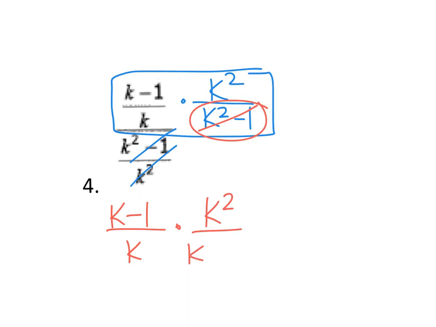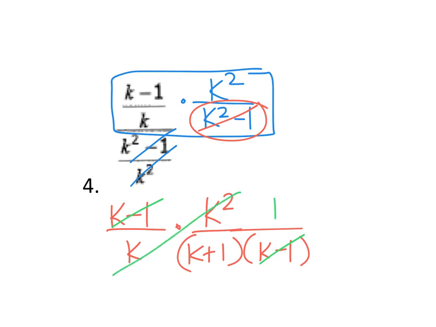This is a difference of squares. So this factors into k plus 1, k minus 1. At this step, I can cancel out the k minus 1s, and I have k squared divided by k, which makes just a k. So my answer will be k on the top, and k plus 1 in the denominator.